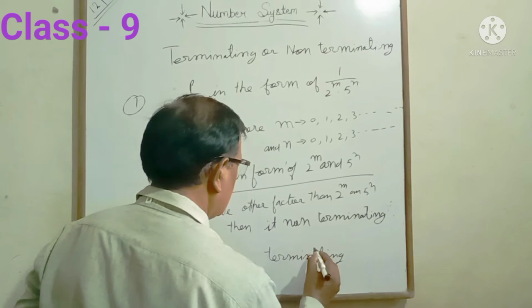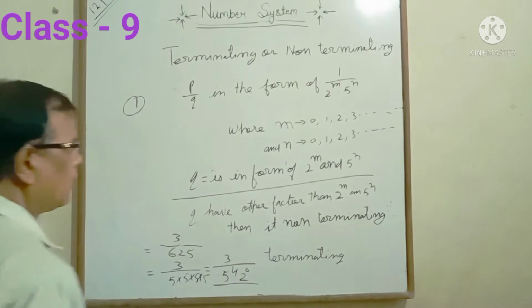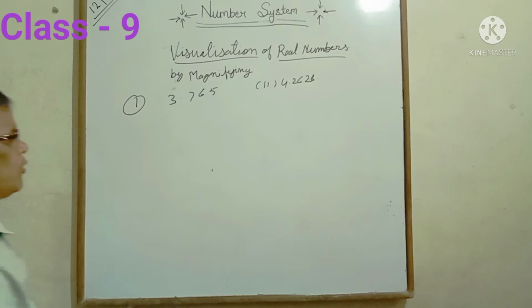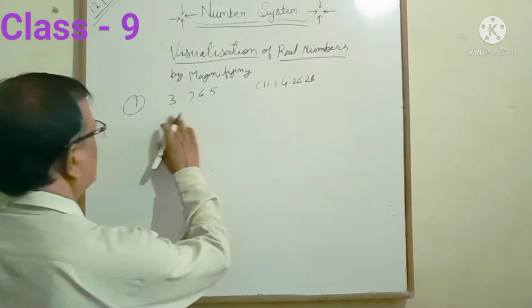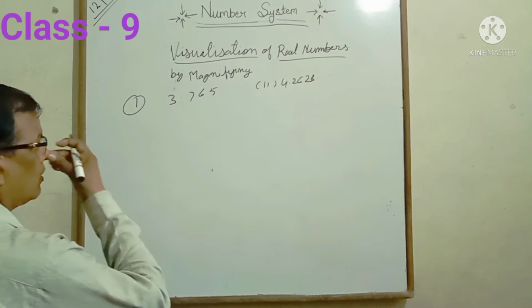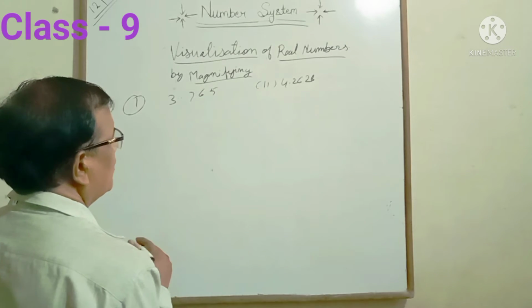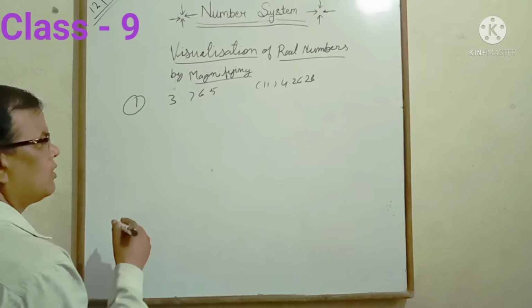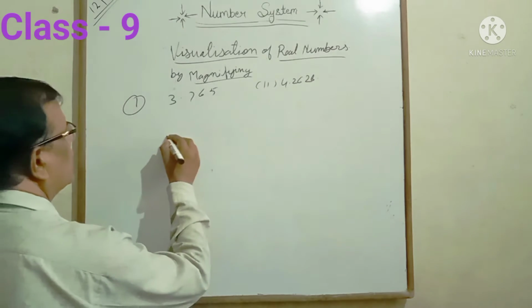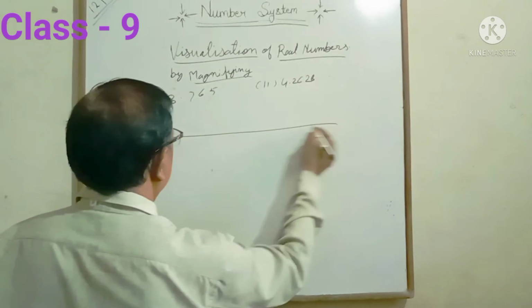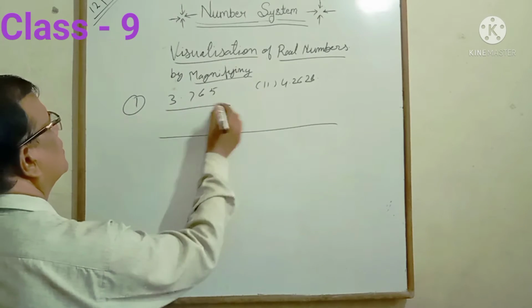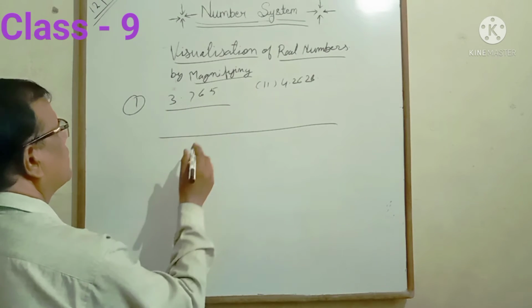And then how we visualize these numbers on the number line by magnification. If this number is a real number, first we write the number. The question number is 3.765.